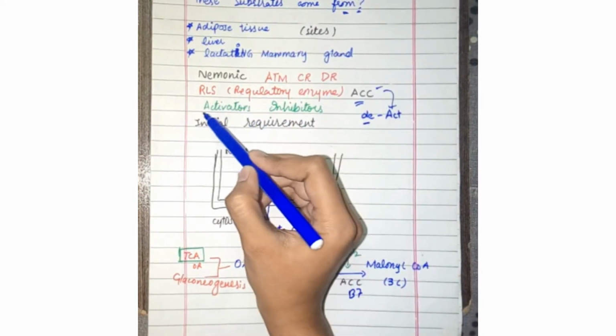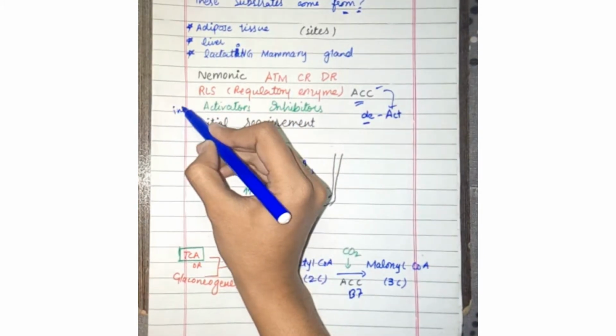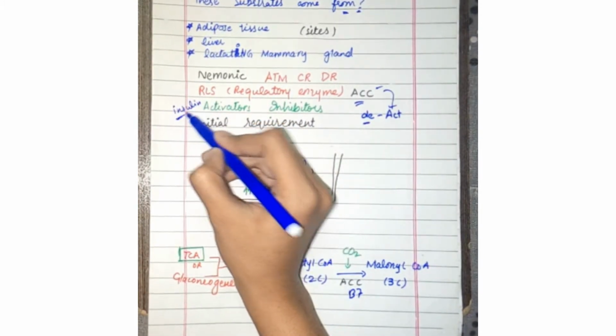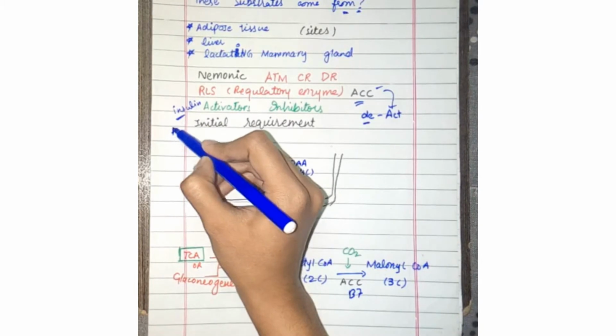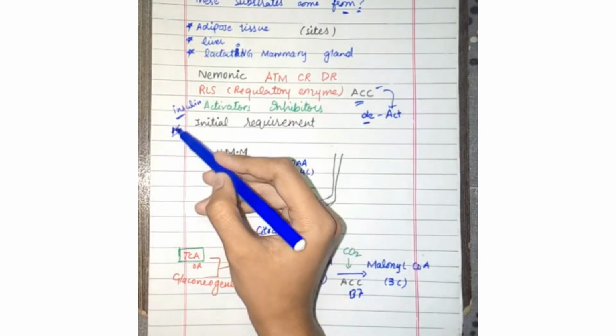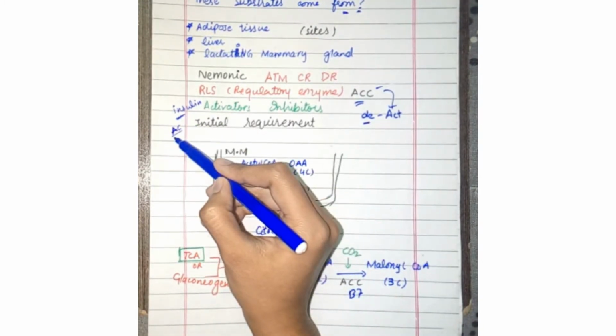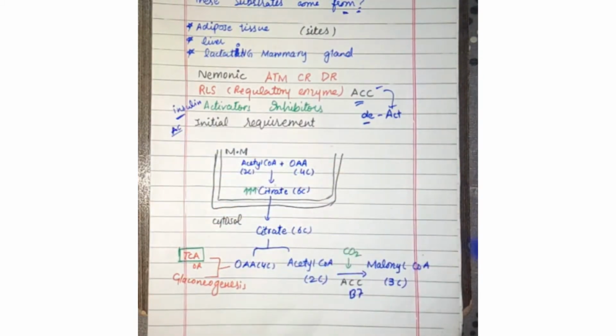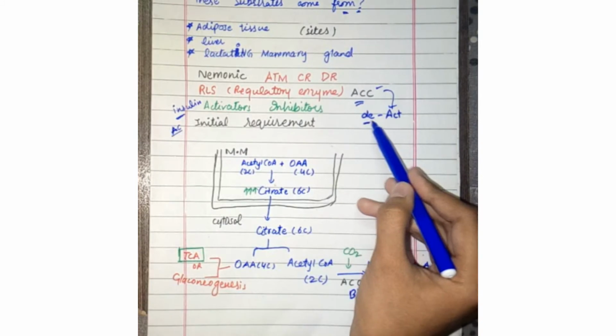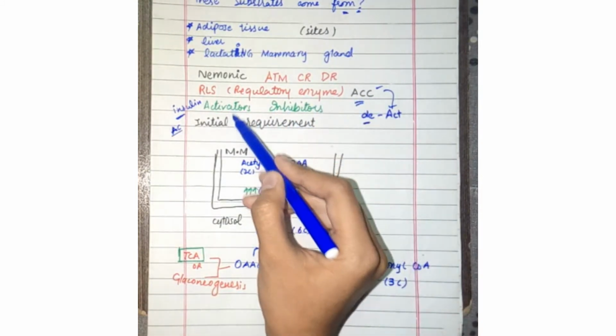Those hormones include insulin, because insulin inhibits the adenylyl cyclase enzyme. If there is inhibition of adenylyl cyclase, no cyclic AMP, no protein kinase, and no phosphorylation. So the dephosphorylated form of acetyl-CoA carboxylase will be its active form.